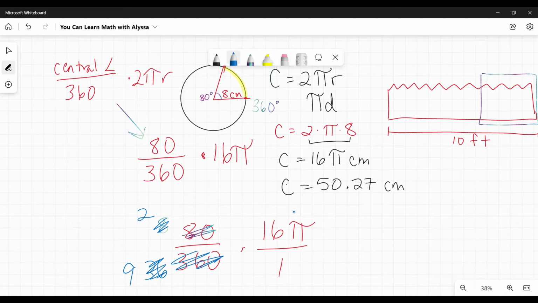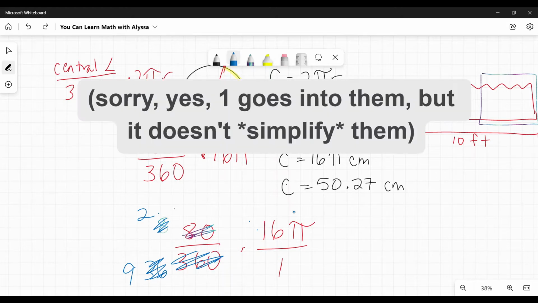So now I have 2 times 16 times pi on top, and I have 9 times 1 on the bottom. Can I simplify any further? No, I can't, because the only things that go into 9 are 3 times 3 and 1 times 9. And 1, 3, and 9, none of those go into 2 or 16. So no, I can't simplify any further, but that's helped a lot.